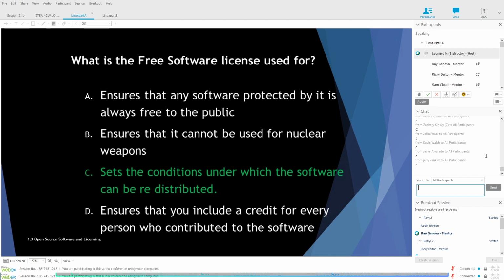You are all correct. It sets the conditions and how software can be redistributed.